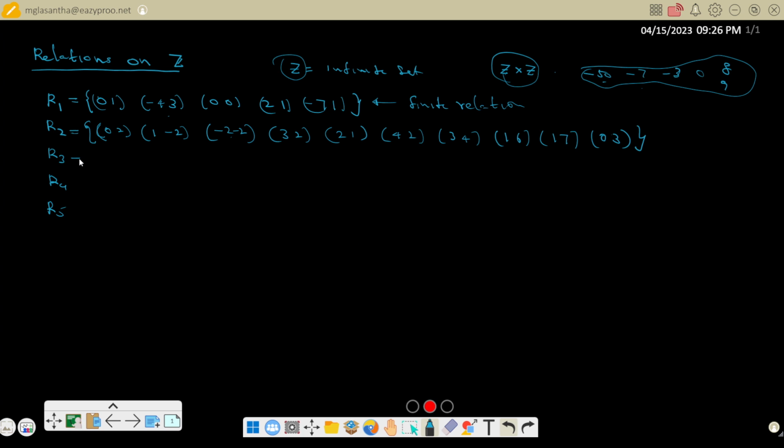Right. Then R3: (1, 1), (2, 2), (3, 3), (4, 4).